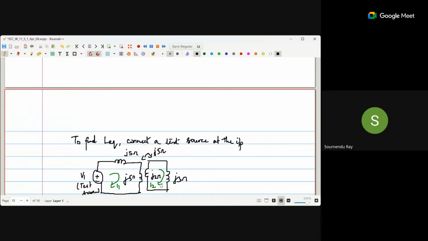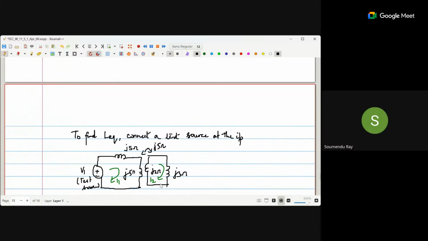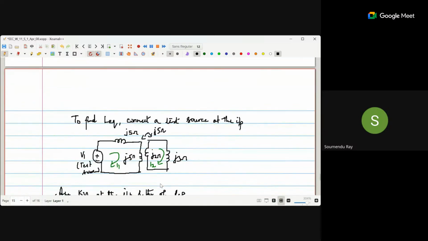So if I refer to this lecture of mutual inductance, then V1 is L1 di1 by dt plus M di2 by dt for the positively coupled transformer, where I1 is entering and I2 was also entering the inductance.